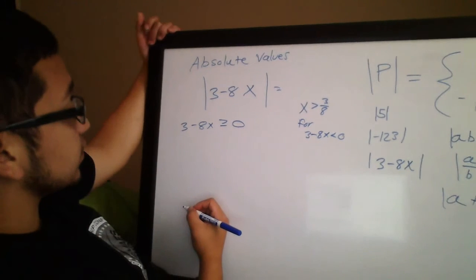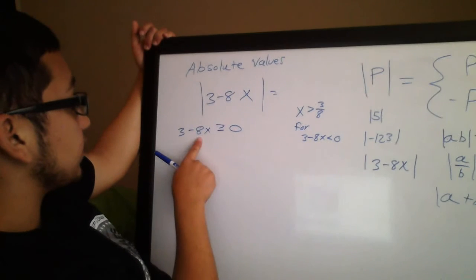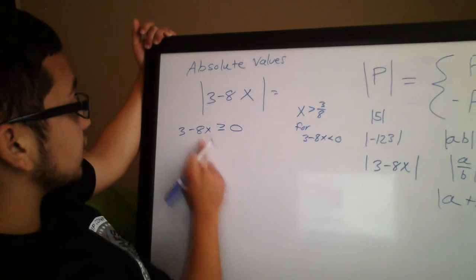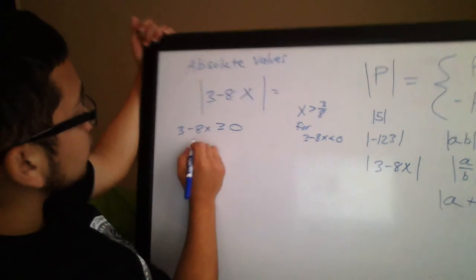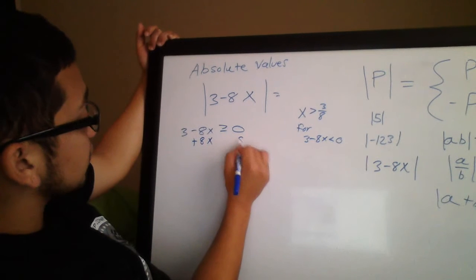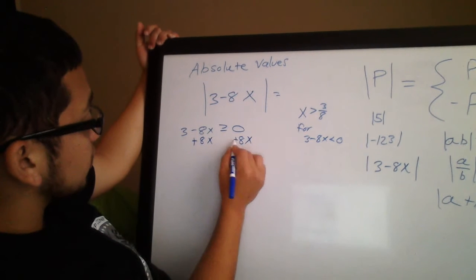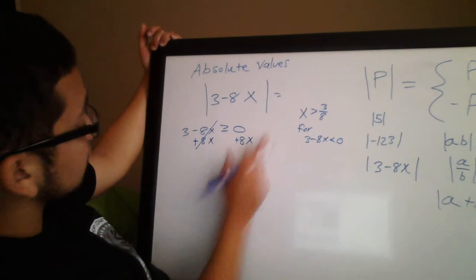Just do the same thing here. I'm going to move over the 8x to this side. So all that means is I'm going to add 8x to both sides. So these 8x's cancel out, and then I just have 8x on this side.